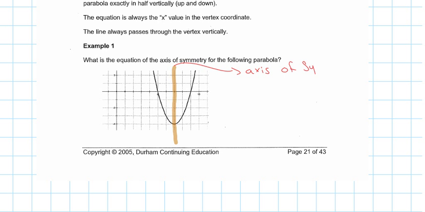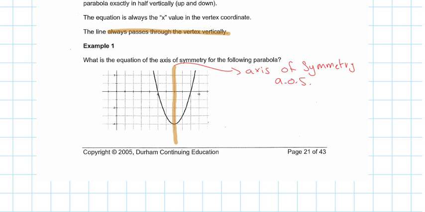You'll probably see me referring to it as AOS. So remember that this line always passes through the vertex vertically. So if I'm going to write an equation for it, because it's a vertical line, a vertical line has an equation of x equals something, yes?